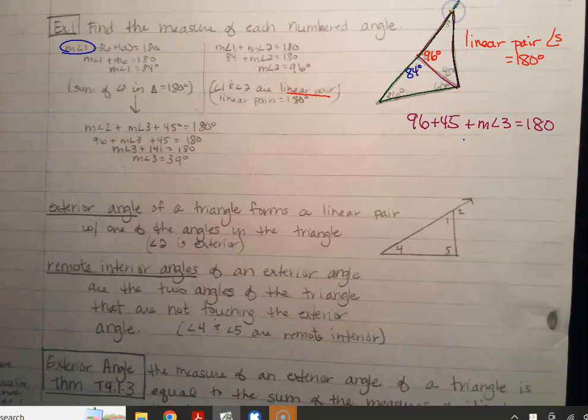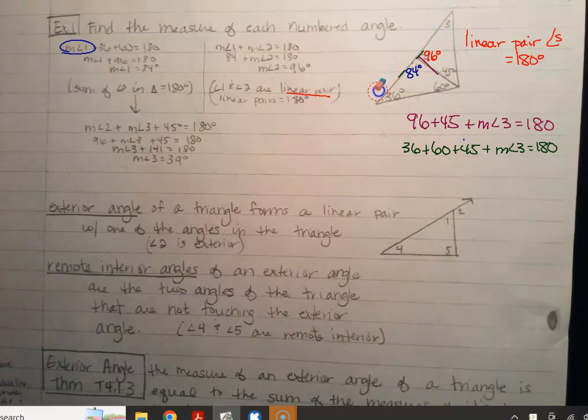That takes a little bit longer because these two would combine together to be one angle. So I could say, well, 36 plus 60 plus 45 plus the measure of angle 3 equals 180. So I can solve either one of those. I chose the small triangle, but I want you to see there's all kinds of relationships. Again, it's like a treasure map. You can solve it lots of different ways.